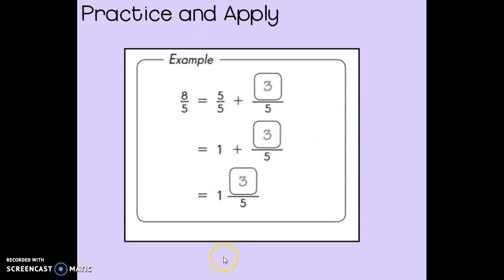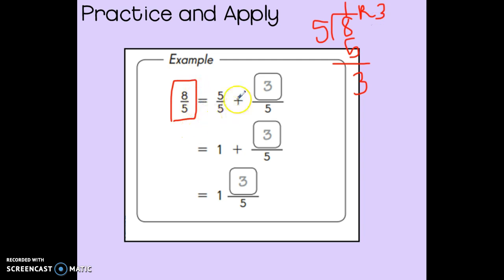So for your homework tonight, here's an example that they have right there for you. If this is my improper fraction 8/5, I know right away if I'm trying to divide 8 by 5, I can see that 5 goes into 8 one time. 5 times 1 is 5. Subtract, I have 3 left. It's 1 remainder 3.